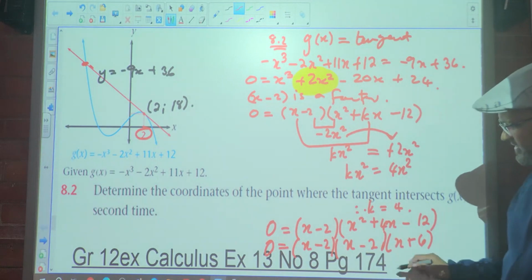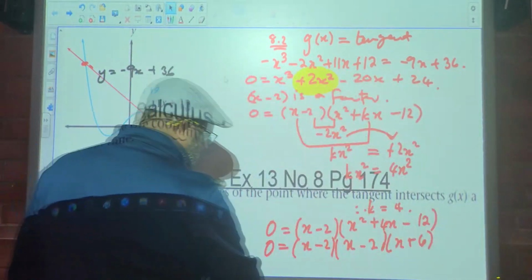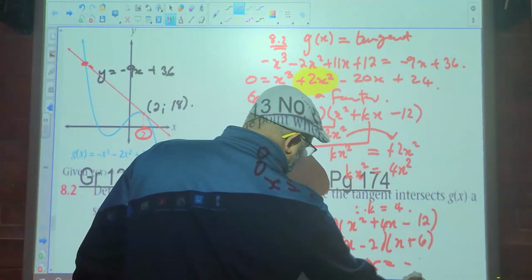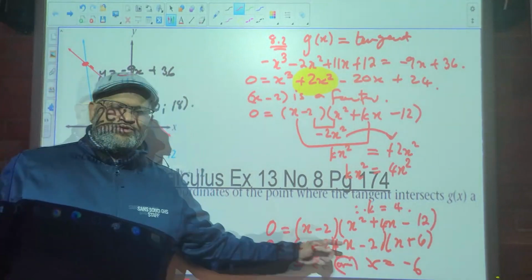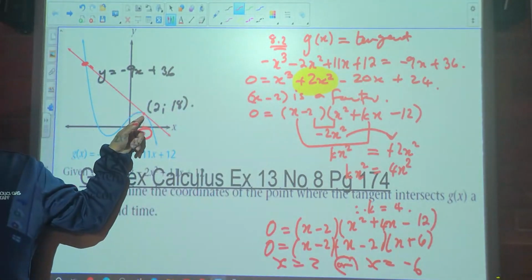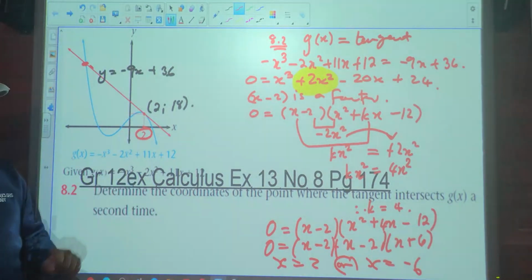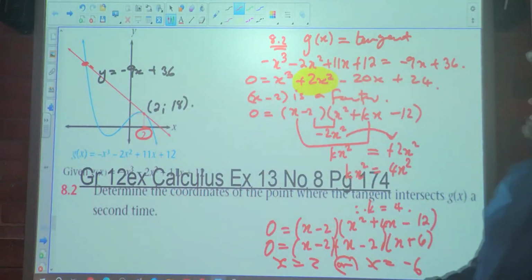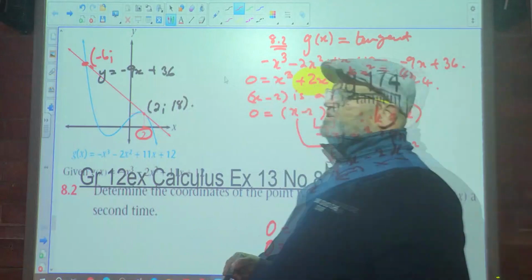So in other words, x is equal to 2 or x is equal to negative 6. You see there's a 2-in-1 solution here, which confirms this point of contact here. You see that 2 solutions became 1. So x equal to negative 6 is the x value of that point of intersection.